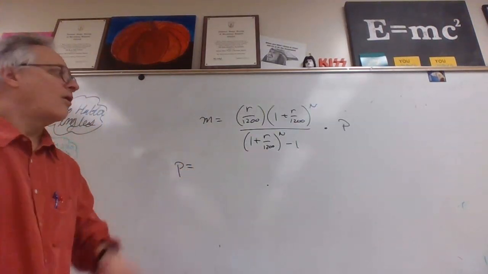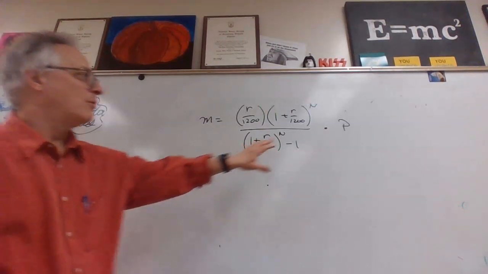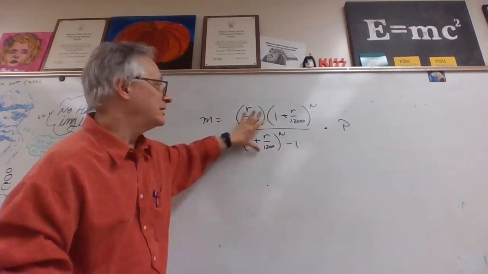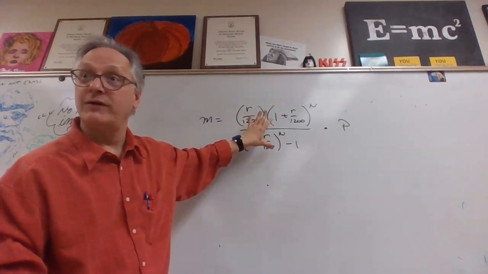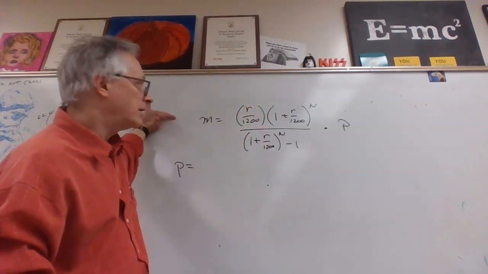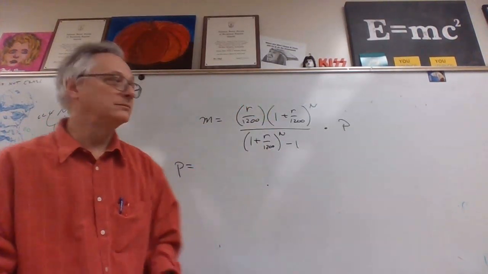And all you have to remember is I want p by itself. So I multiply both sides by the reciprocal of this really obnoxious looking function. Flip it, multiply over here. That's going to give you p.